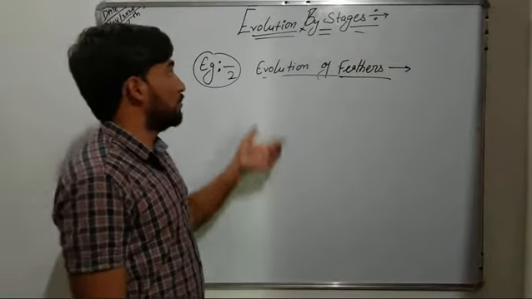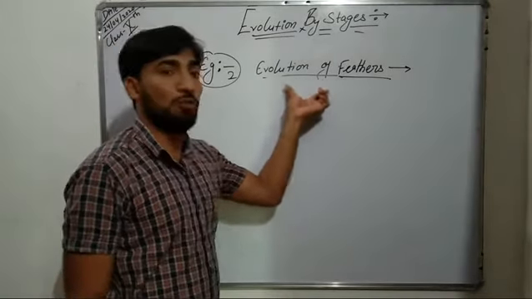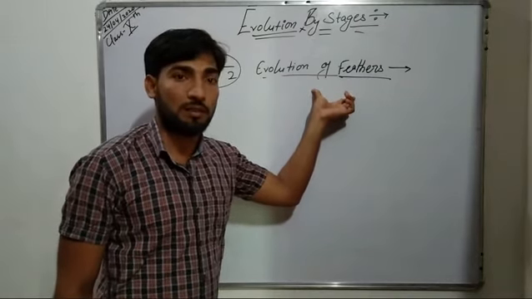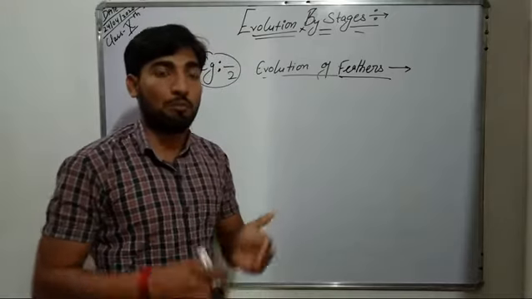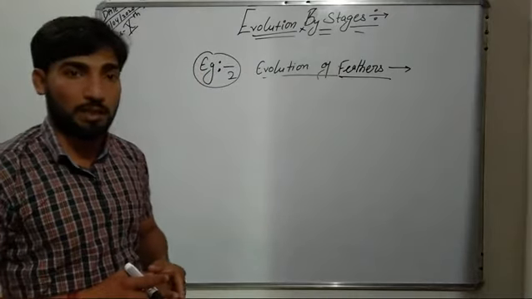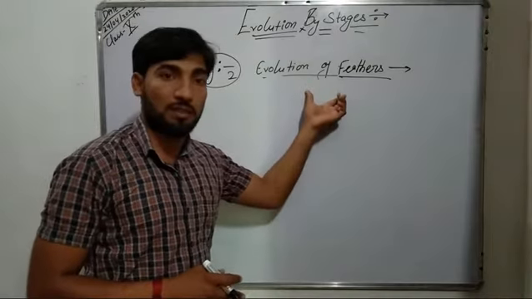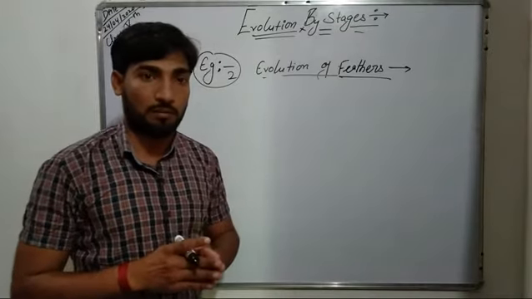The second example of evolution by stages is the evolution of feathers. So these feathers or wings, in case of birds, evolved due to modification of their forelimbs. And these birds and certain reptiles use their feathers for thermoregulation.